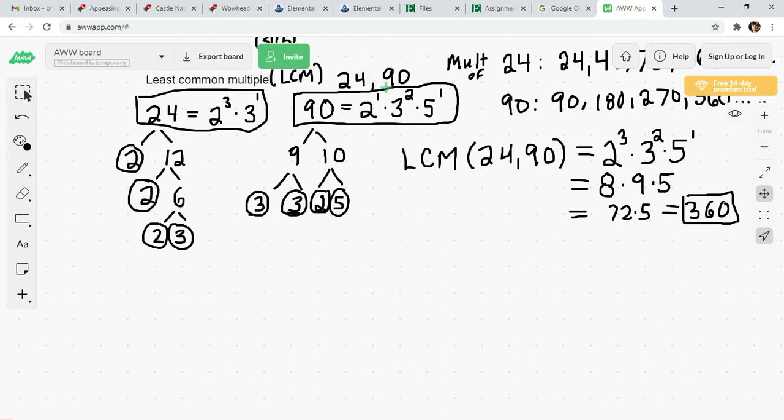So now we are going to look at an example where we apply the knowledge we just learned. In particular, let's suppose that we've got 1 over 24 plus 1 over 90, and we want to compute whatever this is. So we want to figure out what this equals.